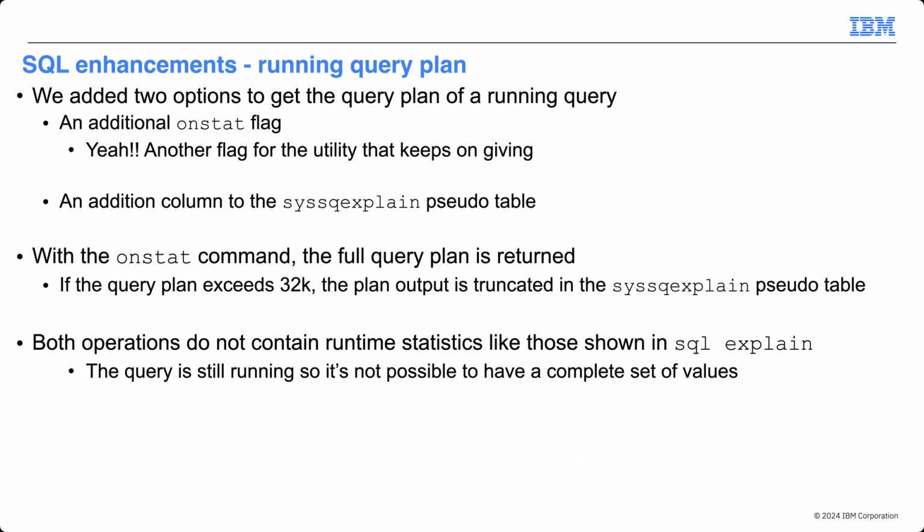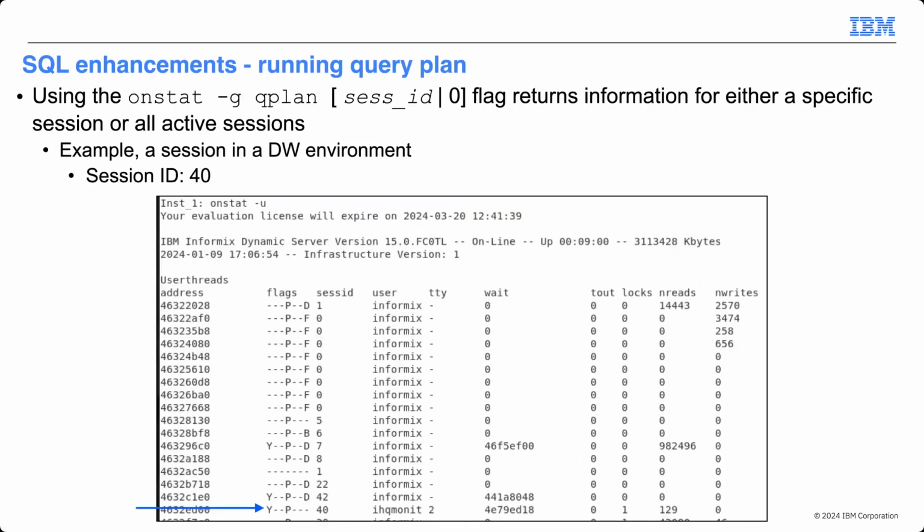So the row that we write into sysexplain can't be any larger than that. Now then, these operations do not contain runtime statistics. The query is still running, so we don't have a full view of everything that's going on, but we can provide you some looks inside to see what's happening.